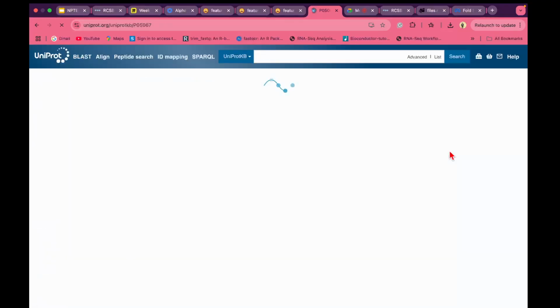And one more disadvantage here is, for a given sequence which is widely studied, n number of structures are available. So how to access all those structures?